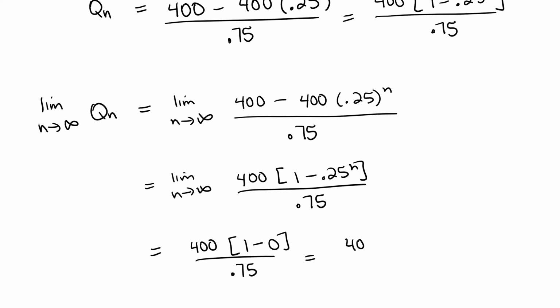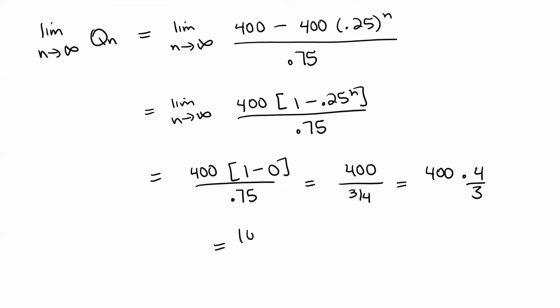Okay, so in other words, we've got 400 divided by 3/4, or 400 times 4/3. So 1600 over 3, or about 533.3. Let's make this an exact milligrams.